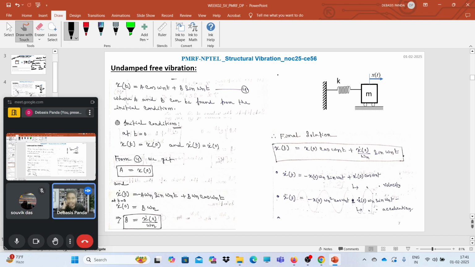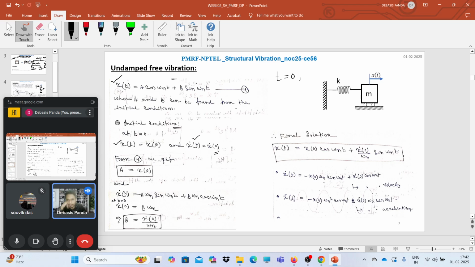Now at t equals 0, that means at the initial position, we are providing the displacement x of 0 equals x naught. Say for example x naught has some value, say 5, 10, 15, whatever. For now it's defined by x naught, and at the initial condition t equals 0, we are providing some initial velocity, x dot naught. Now at t equals 0, put all these values in this equation 4.